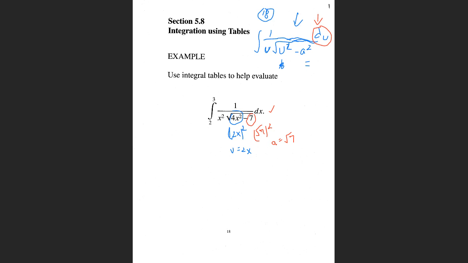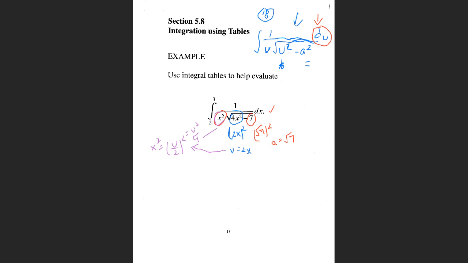So far so good. But what about the x squared? If u equals 2x, then x would be u over 2, and so x squared is u over 2 squared, which is u squared over 4.